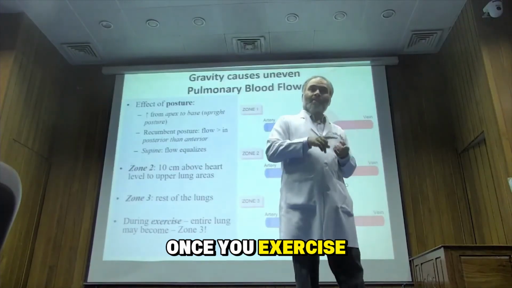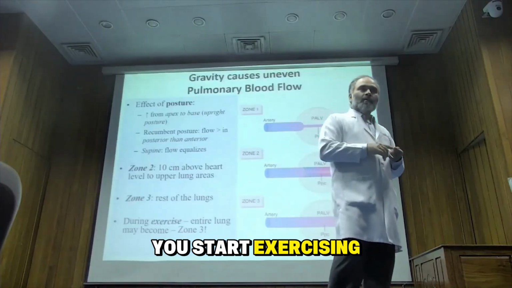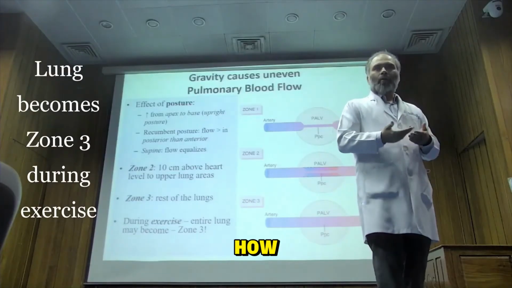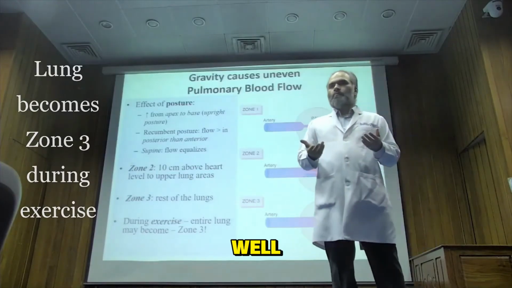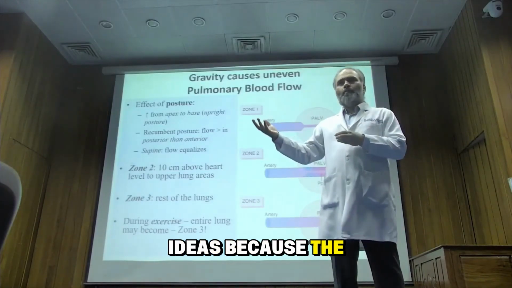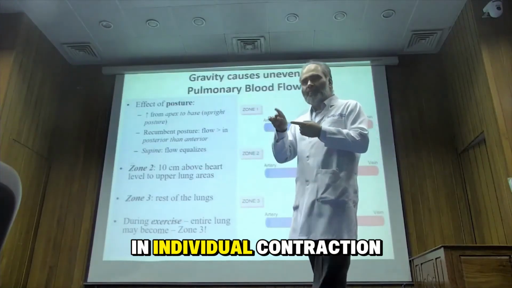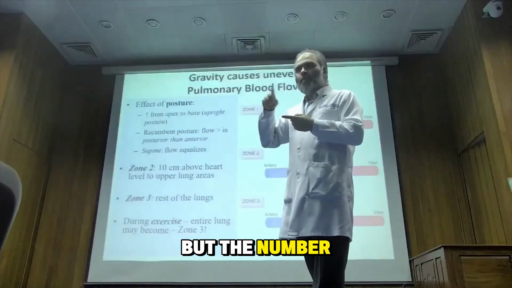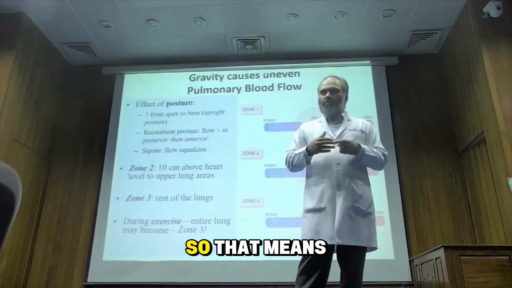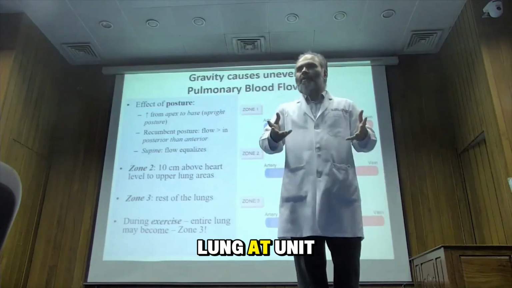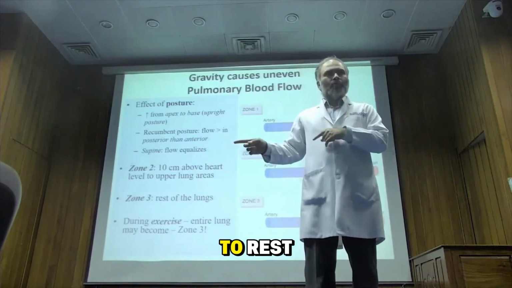Once you start exercising, the lung becomes lung zone 3. How? Well, ideas? Because the pumping of the heart has increased, not just in individual contraction, but the number of contractions has also increased. So more blood is being pushed into the lung per unit time as compared to rest.